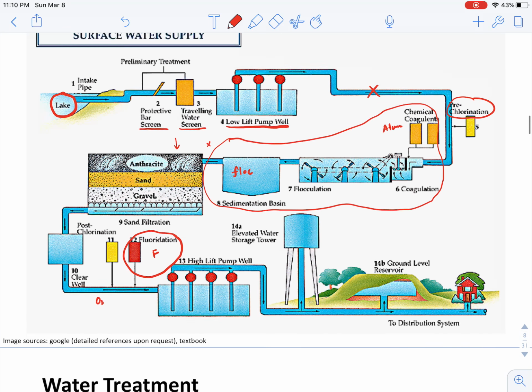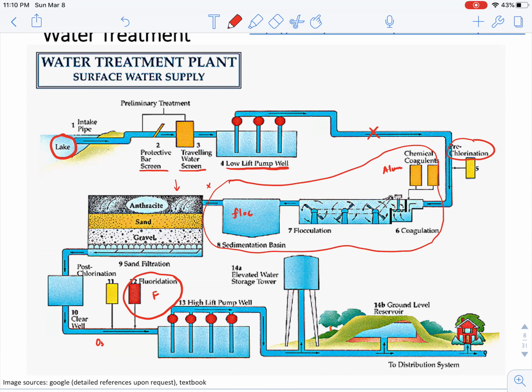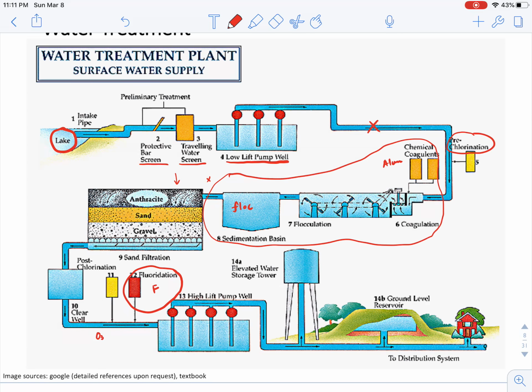Okay? So now we can go into further details about some of the important steps in water treatment. Also notice that since we're treating the lake water, we don't use the softening step. This is because the hardness of the lake water is typically quite low.